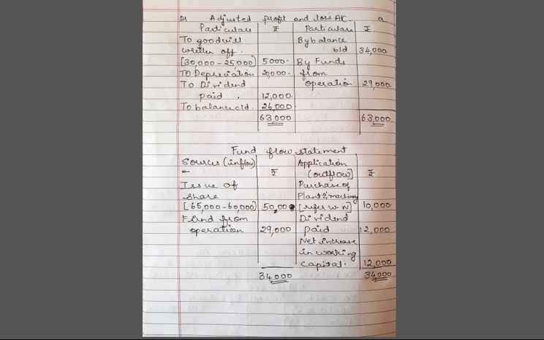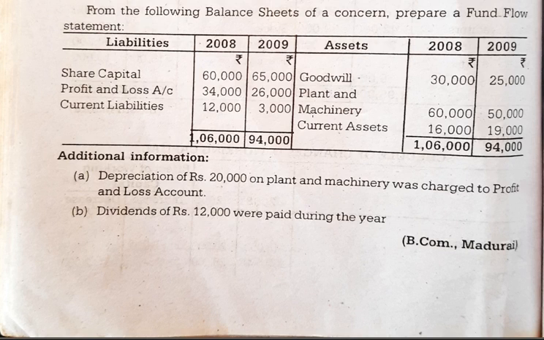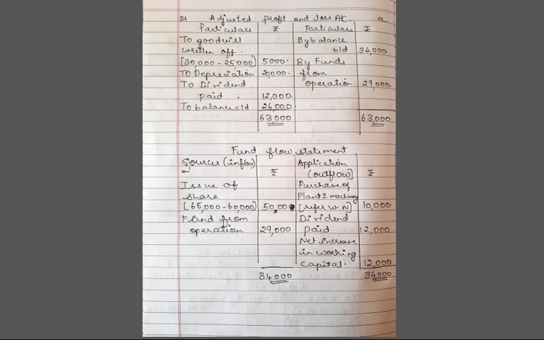So come here: purchase of plant and machinery, working note, 10,000. Goodwill is already written, this is over. Share capital goes directly to the flow statement. You have to check whether it is an inflow or an outflow. An increase means inflow, cash comes in. So inflow means issue of shares, 65 minus 60,000, it is 5,000.